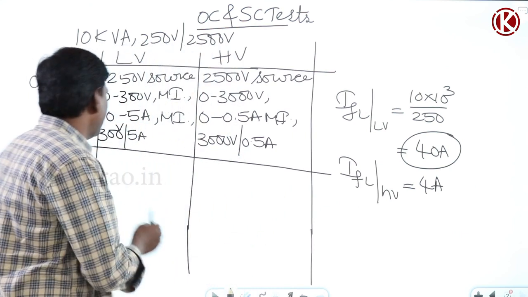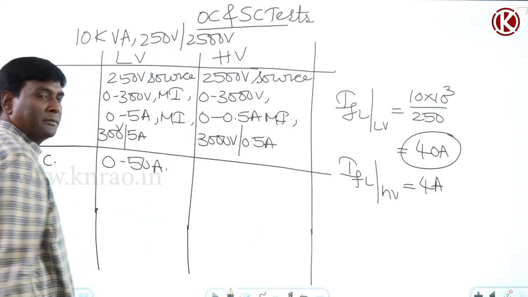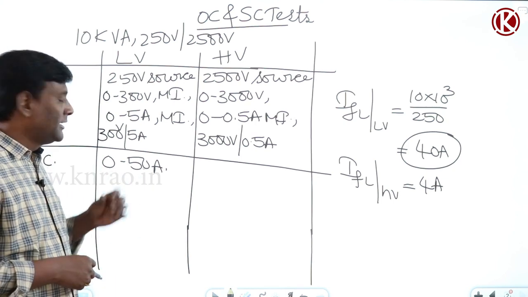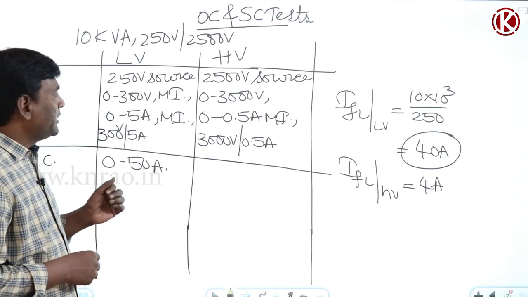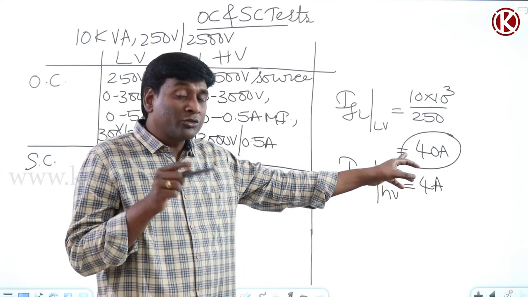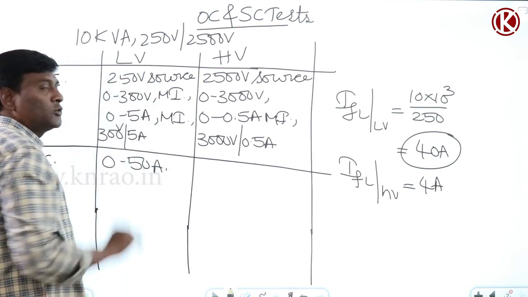So maybe if I think of an ammeter, a 0 to 50 amperes ammeter. Again, shunts and all can be used, or a CT can be used, because the current capacity is more, 50 amperes. Now, in order to circulate rated current, how much should be the short circuit voltage to be supplied? 6 to 12% of rated voltage. Rated voltage is 250.